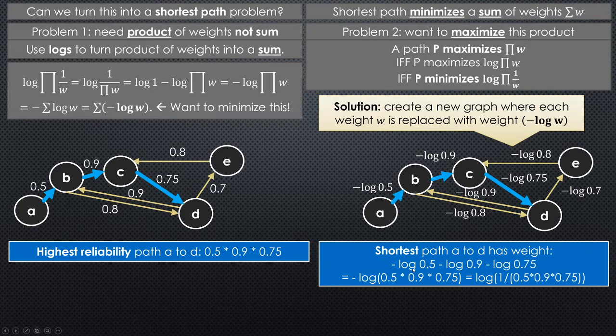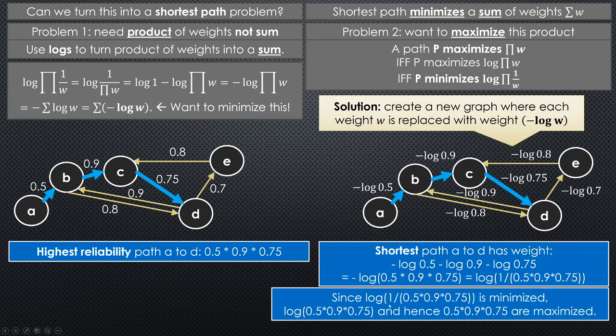But the idea here is whatever the shortest path is going to be, it's the sum of a bunch of negative logs. That's going to be minus log of a product, which is going to be log of 1 over that product. And so we're minimizing log of 1 over the product, which means that log of this product is maximized, and hence the product is maximized. Just to work that backwards.